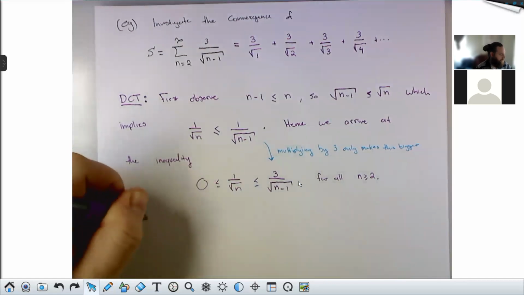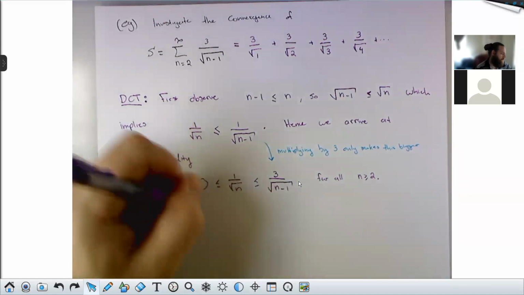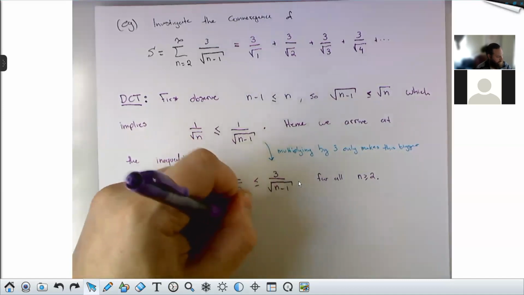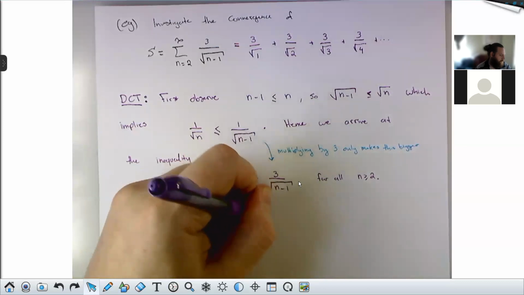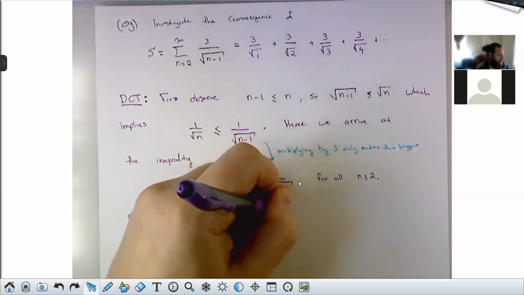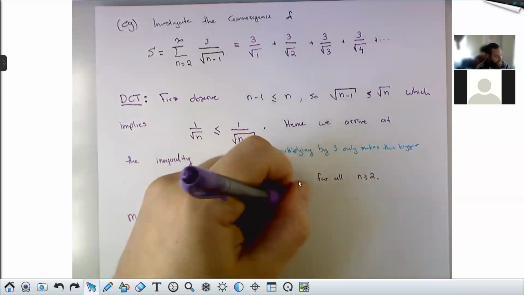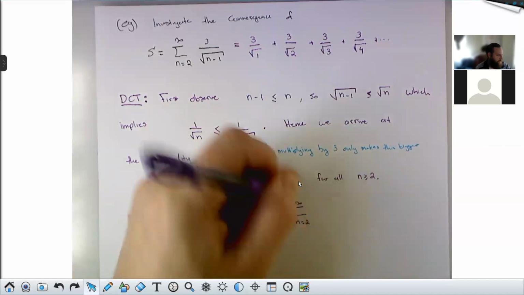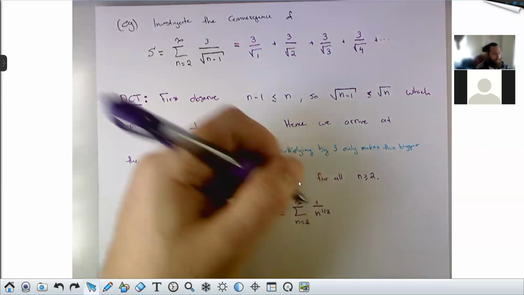You can finish the problem by saying, moreover, the series sigma n from 2 to infinity 1 over the square root of n might not look like it, but this is a p-series. This is sigma n from 2 to infinity 1 over n to the 1/2 power.